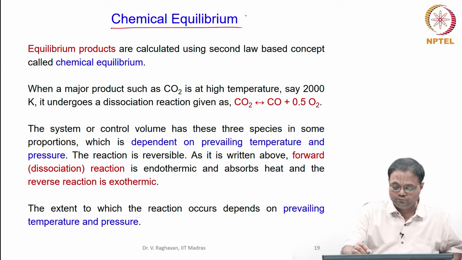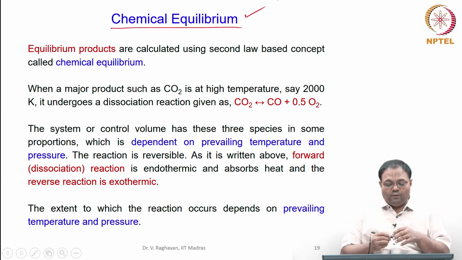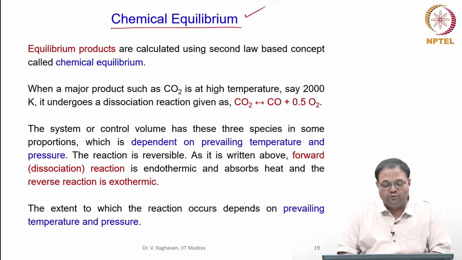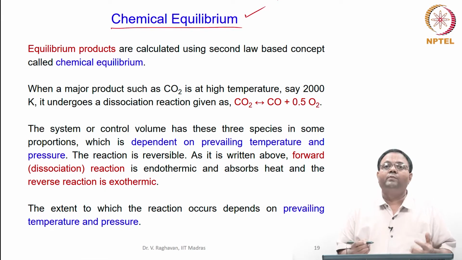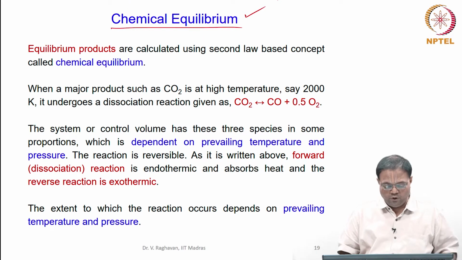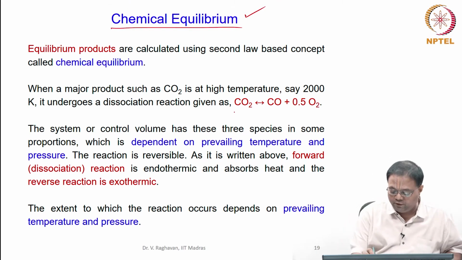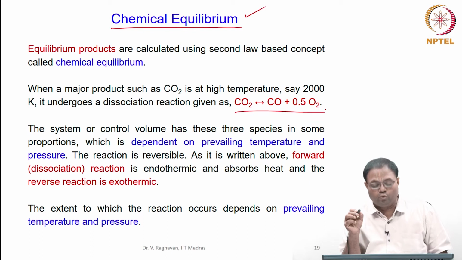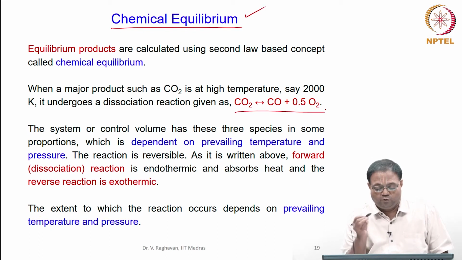Chemical equilibrium. This chemical equilibrium basically allows us to determine the equilibrium products as a function of temperature and pressure. Now consider this equation, dissociation of CO2, which is one of the major products.